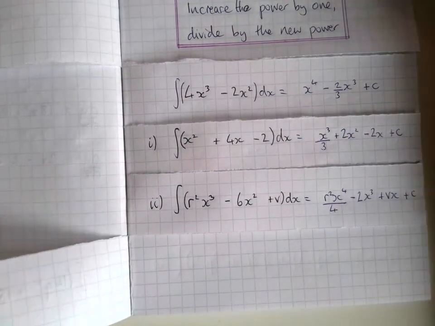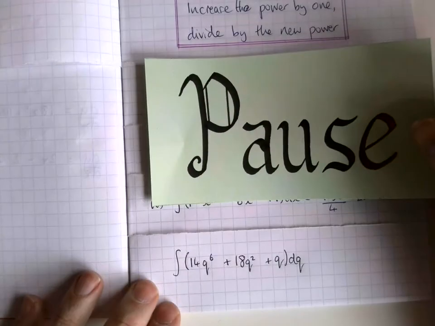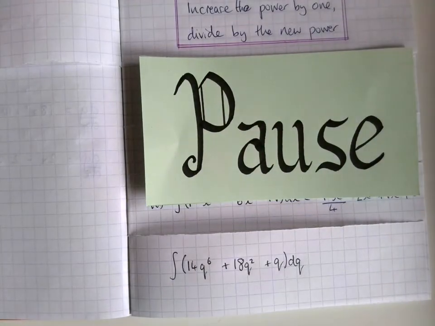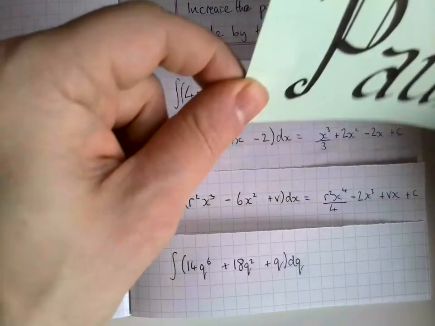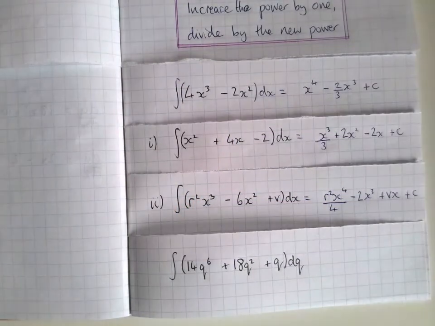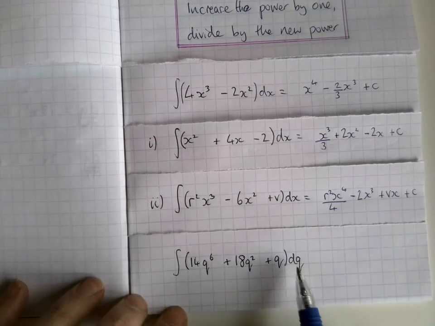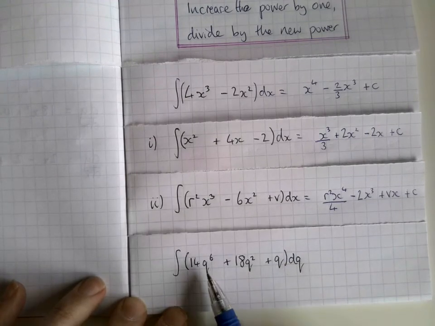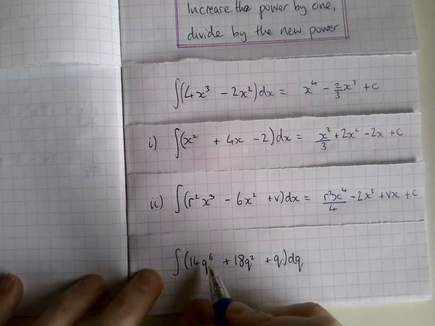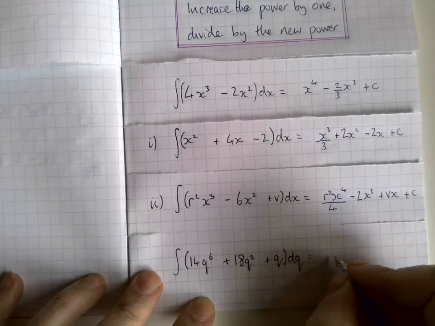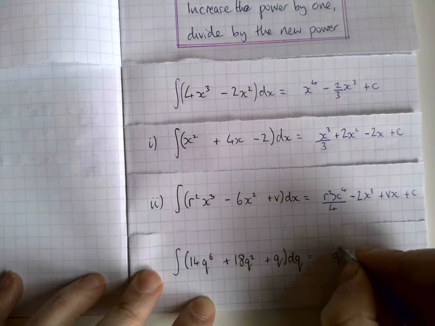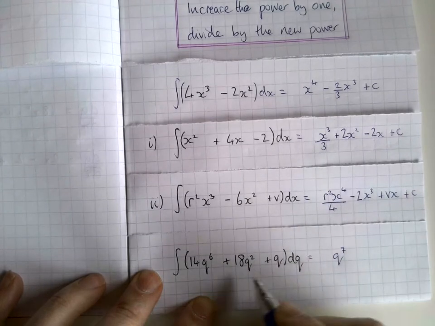So third one here. Right, it's actually a little bit nicer than the last one, although it is with q's. So with respect to q, increase that power by 1 and divide through by that.